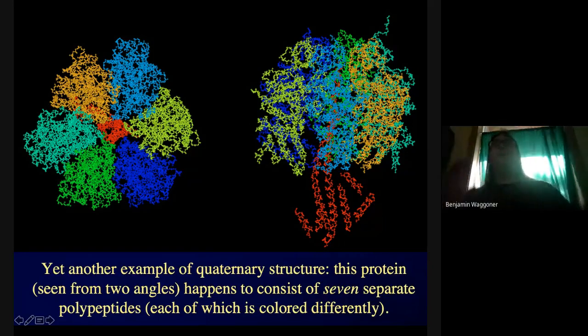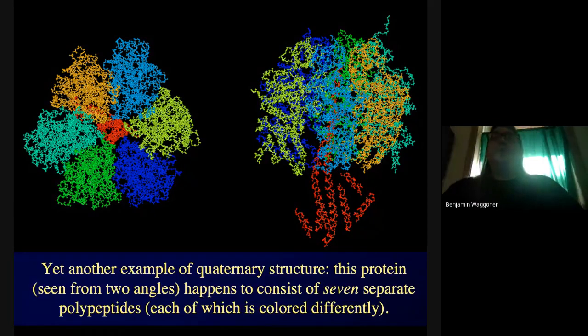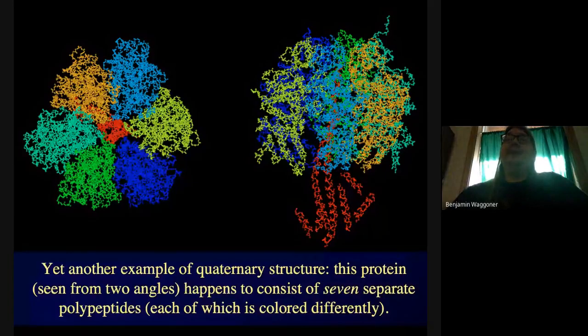Before we go on, I don't know if I got to this before we got cut off, but there's a couple of proteins that are found in wheat flour. And if you make bread dough and then you start kneading the dough, or your bread machine kneads the dough, what you're doing is taking those proteins and assembling them into a bigger and bigger quaternary structure, until at the end of your kneading process, you may have all of those proteins linked up in a giant molecular structure that fills the entirety of the dough.